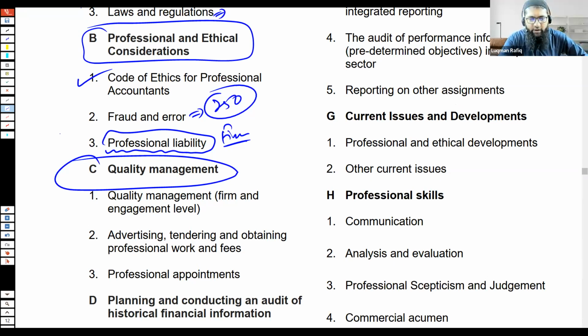And as an auditor, you should try to make sure that you are maintaining the quality of the audit. That is something that you should try to make sure.